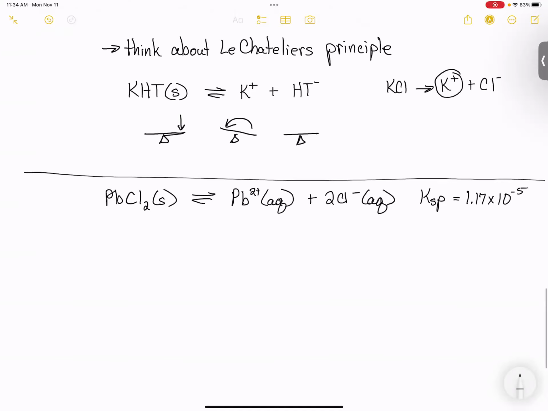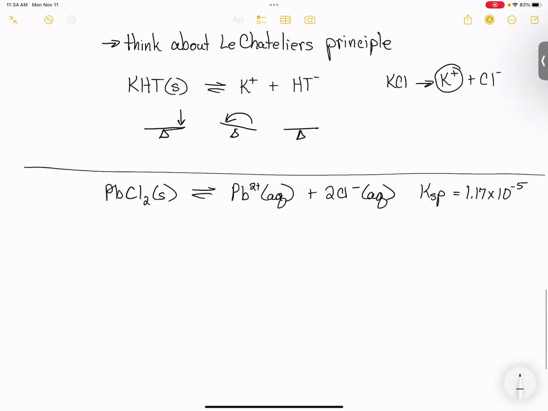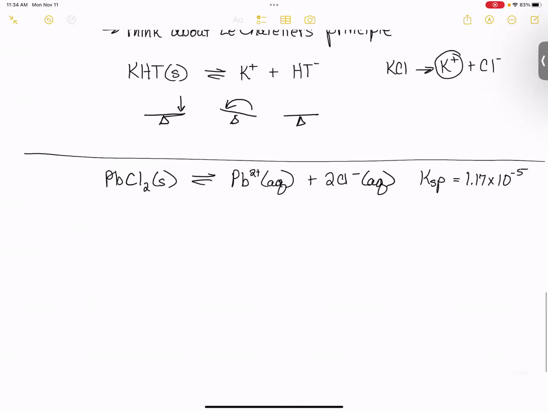Now, let's take this lead chloride and let's have it dissolve in 0.1 molar lead nitrate.